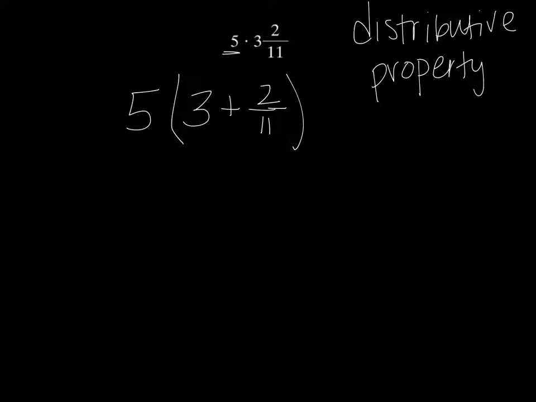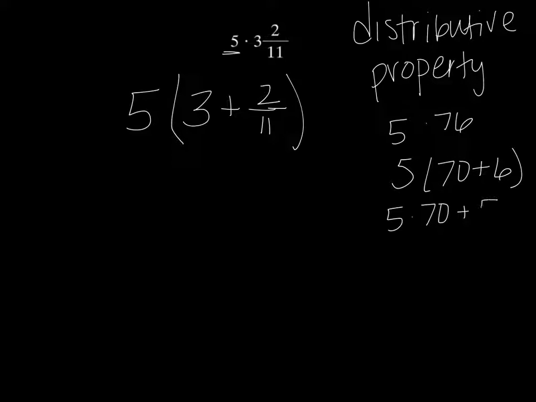To give you a quick reminder here, when I would do my distributive property before, we'd do something like 5 times 76, and I'd break it into 5 times 70 plus 6, right? Because then I can do 5 times 70 plus 5 times 6, because I'm distributing that 5 to both of my terms inside the parentheses.